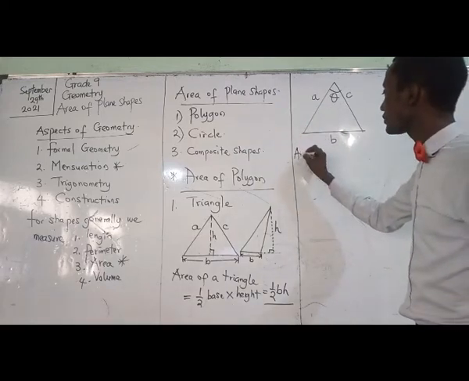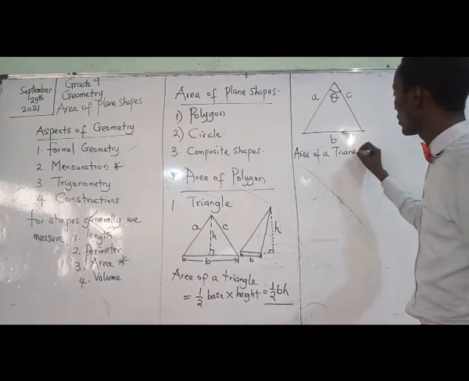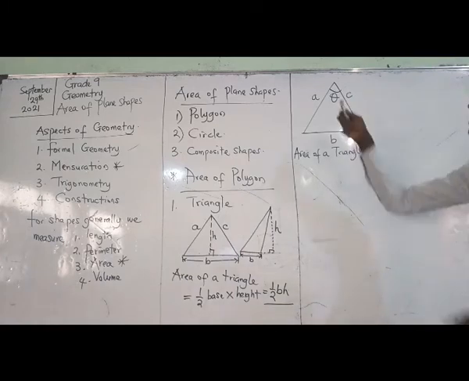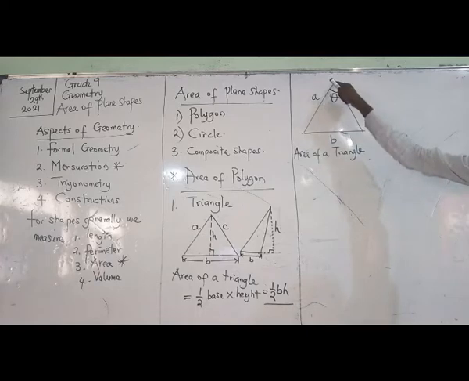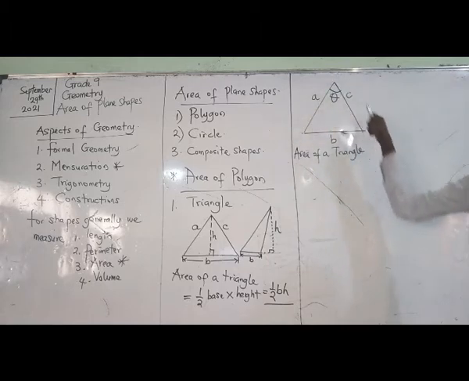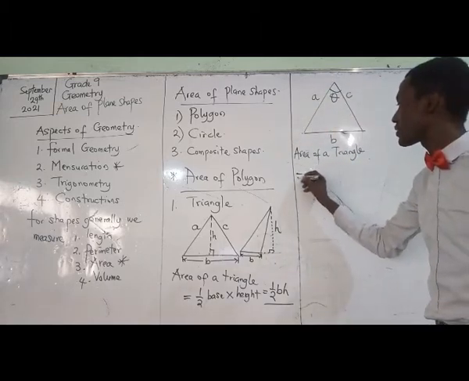Now, the area of a triangle, whenever you have, now look at this. This is an angle. If you have an angle between two sides, anytime you have the angle given, and you have two sides, given like this, we can also find the area of that triangle. We simply say this will be what?